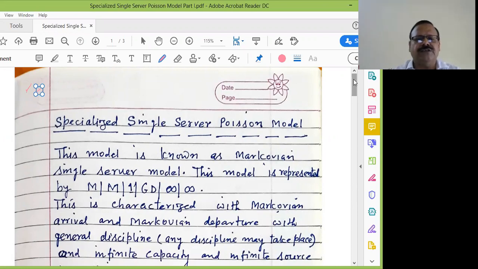If you look here, the single server Poisson model is expressed in this way, that is M/M/1/GD/infinity. So why do we talk about the Poisson here? We talk about the Poisson here, but what happens when we do?